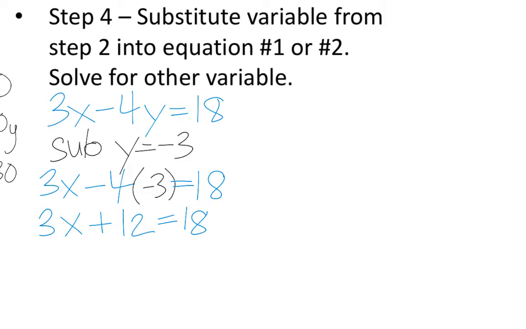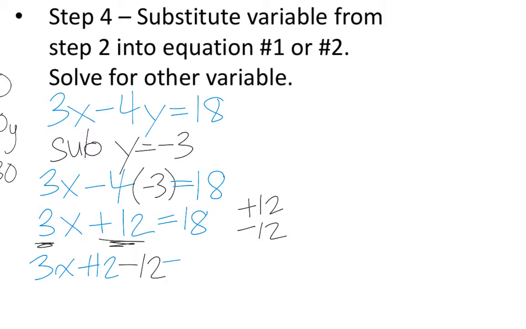At this point, you have 3x plus 12 equals 18. Remember, you want to isolate x. You want it all by itself. However, it is stuck with this 3, and it is stuck with this positive 12. Let's get rid of the positive 12. The opposite of positive 12 is negative 12. Therefore, I'm going to subtract 12 from both sides of the equation. And everything else should stay the same.